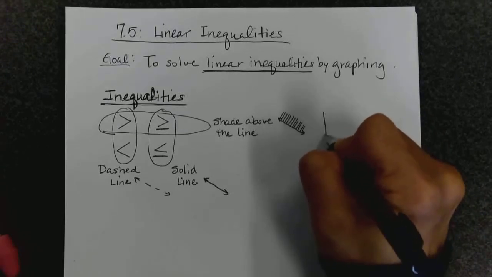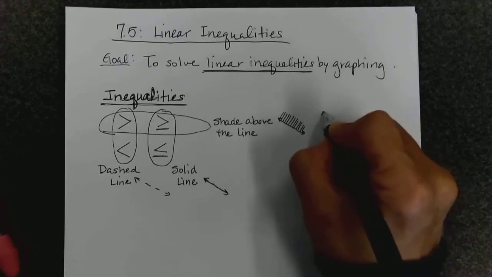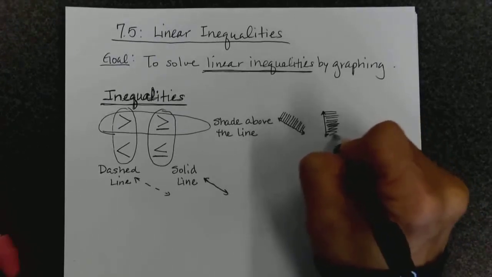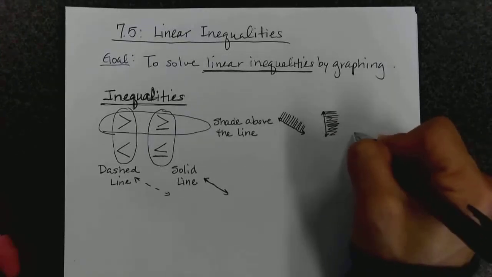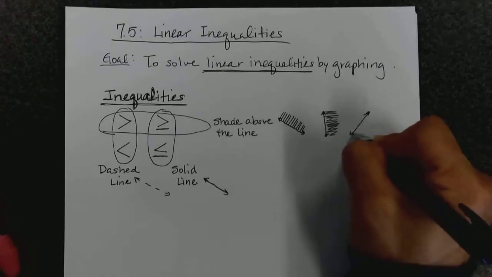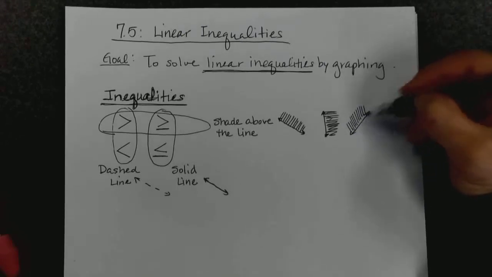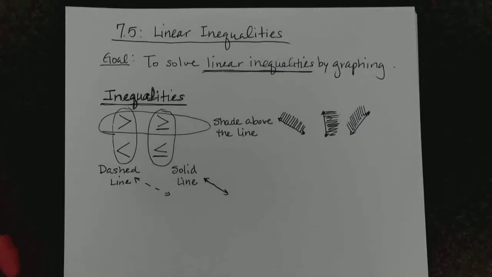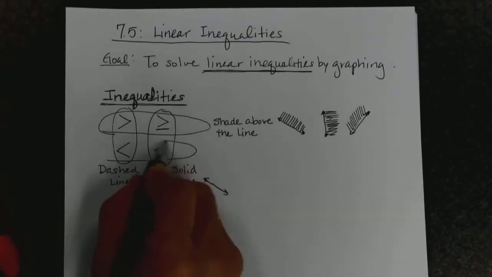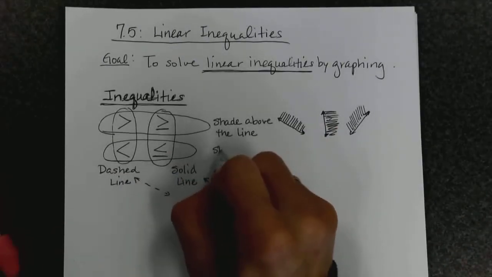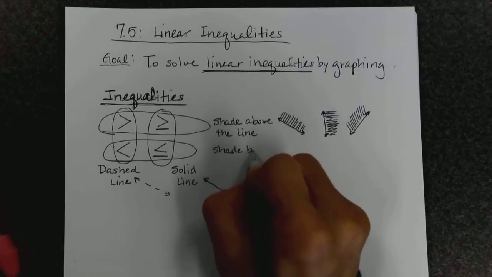If I had a vertical line, anything to the right side would be greater. And if I had a line that looked like this, the above will be on this side. And if we had less than or equal to, we're going to shade below the line.